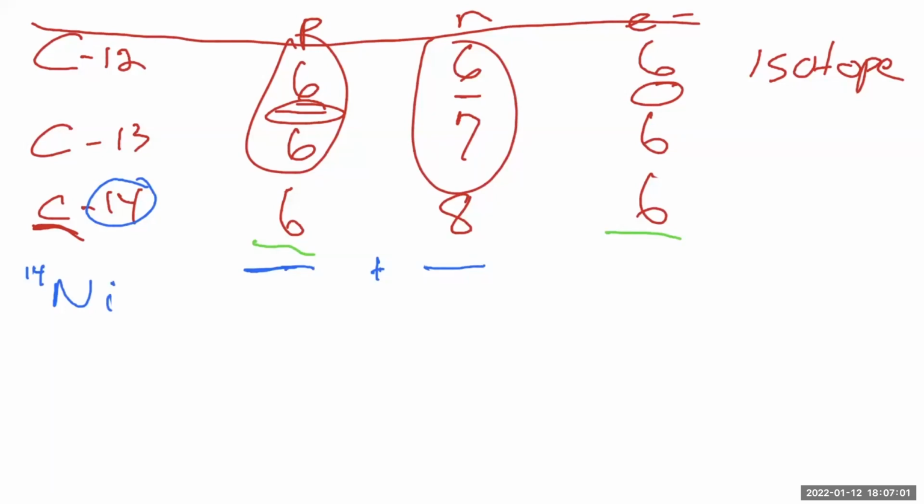How many protons would it have? 28. Nickel has 28. Yeah, nickel would have 28 protons. How many electrons would it have if there's no charge? 28. And if it's nickel 56, how many neutrons would it have?